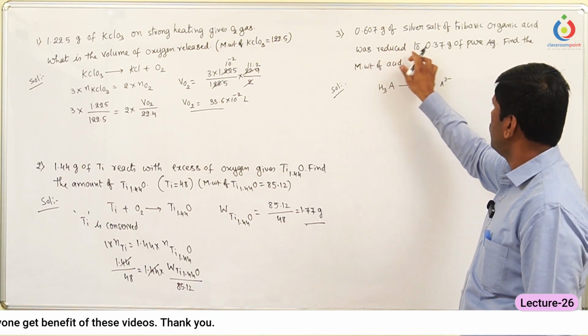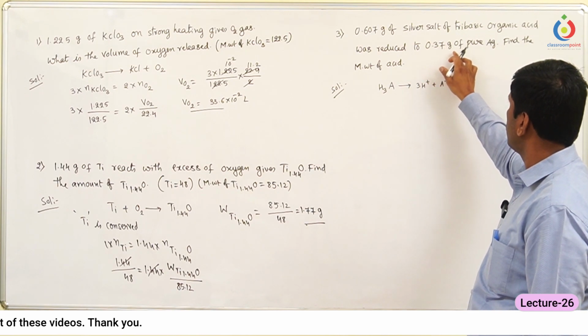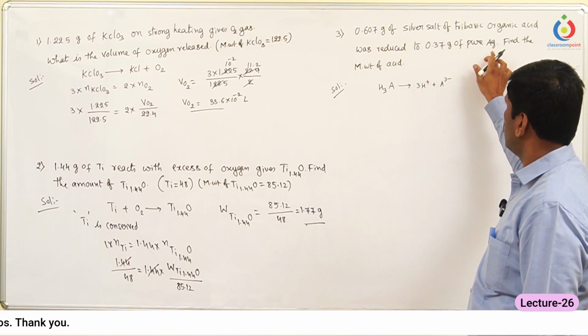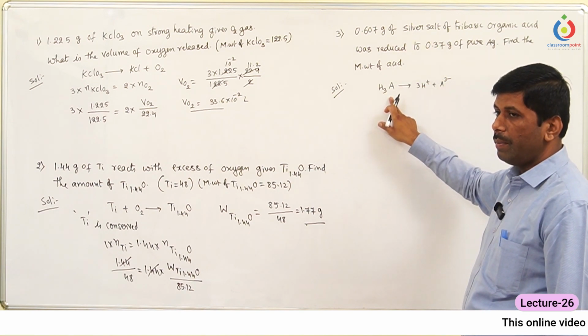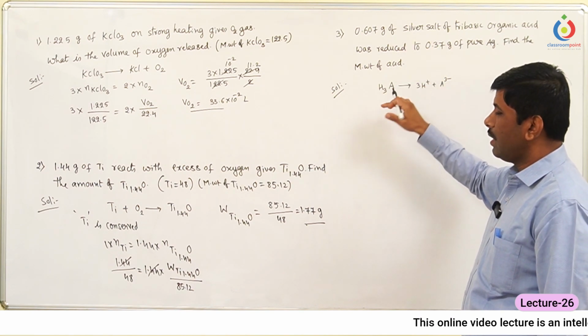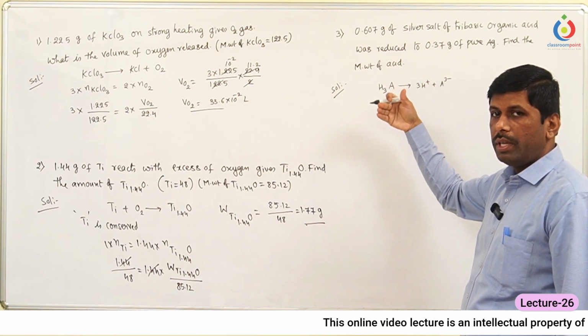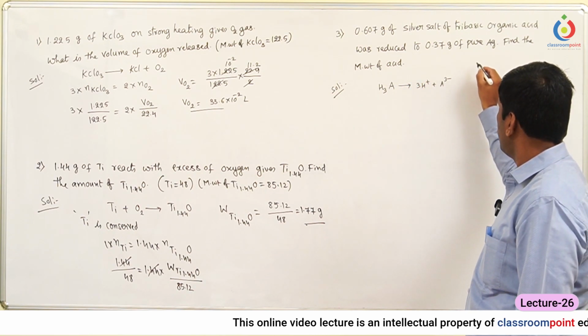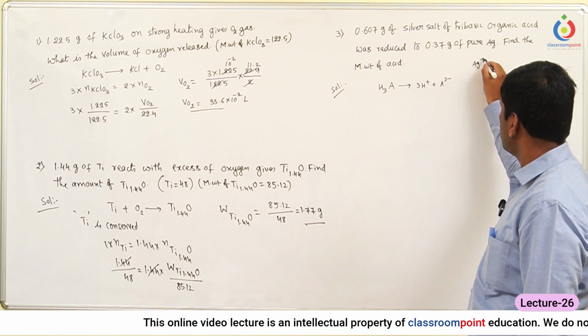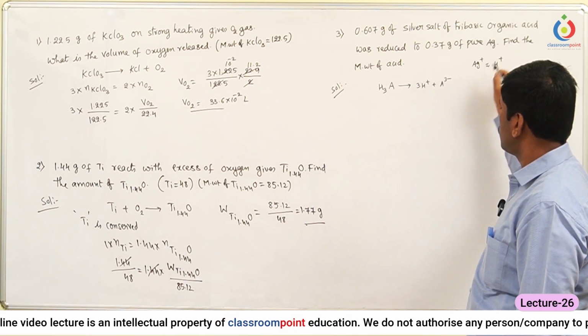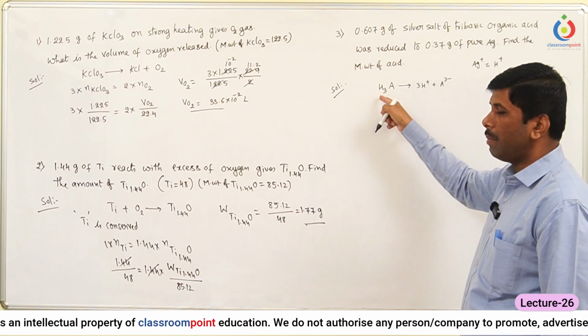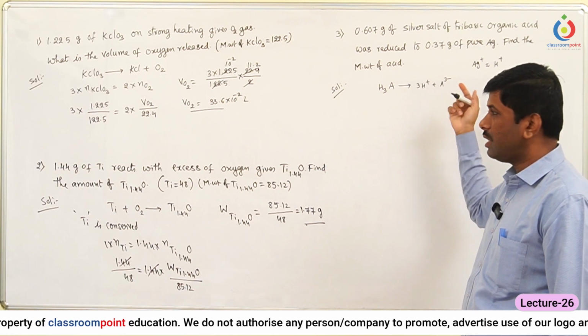Organic acid was reduced to 0.37 grams of pure silver. See here, silver is present, and here we have taken the tribasic acid. If it is combining with silver, what could be the formula of its silver salt? We know that silver valency is Ag plus, and hydrogen valency is also H plus. That means the number of H plus ions equals the number of Ag plus ions.